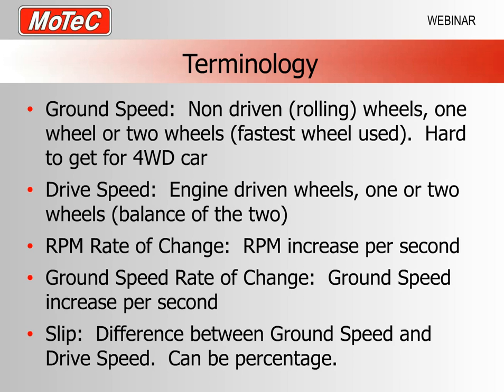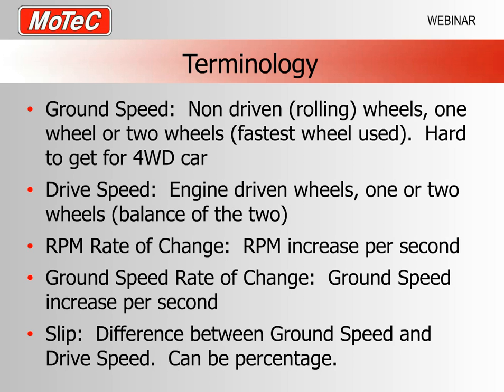So what we are considering with a ground speed measurement from the wheels is a two-wheel drive car, either a front-wheel drive or a rear-wheel drive car. The biggest problem we have with doing traction control on a four-wheel drive car is working out how fast that car is actually moving across the ground. What we are ultimately referencing for traction control at least is how fast the car is physically moving across the ground as compared to how fast the wheels are turning.